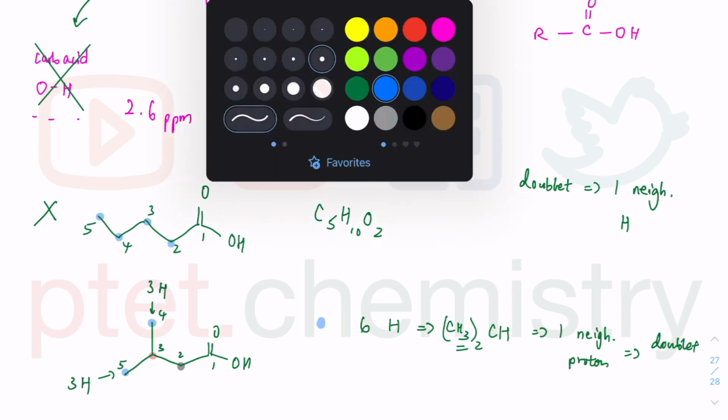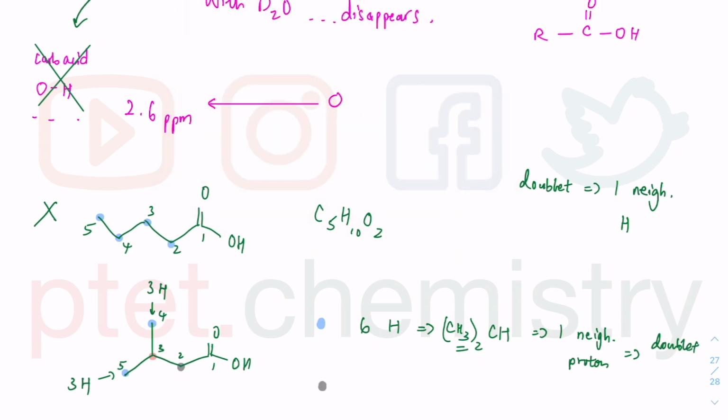Whereas the black one has just 2 hydrogens, and it's a CH2 next to a CO2H. When you are here, you don't have any proton there, but you have 1 proton on the other side, so you also have 1 neighboring proton, and you will also be a doublet, but your intensity is lower because you only have 2 protons.